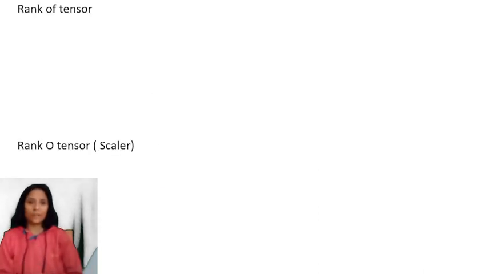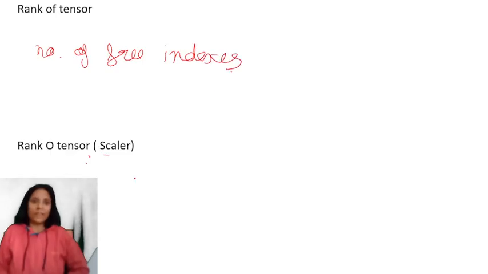Now, about the rank of a tensor. I was telling you about indices, and I also told you about rank somewhat, but I did not explain much. The rank of a tensor is just the number of free indices.